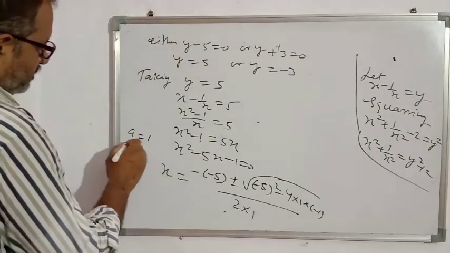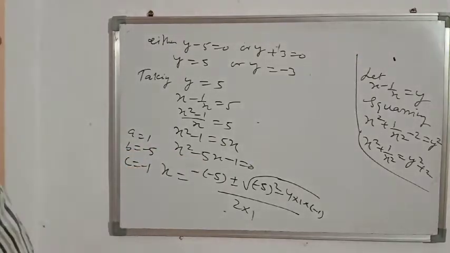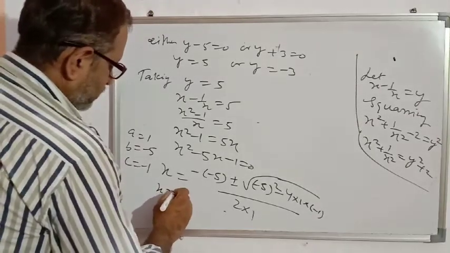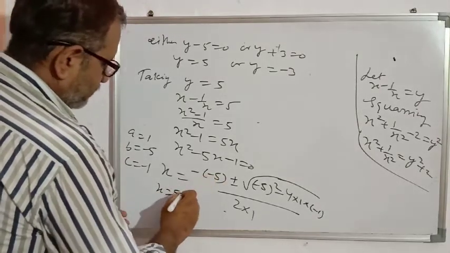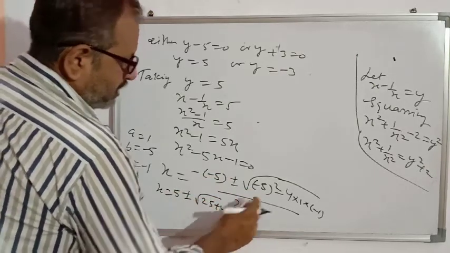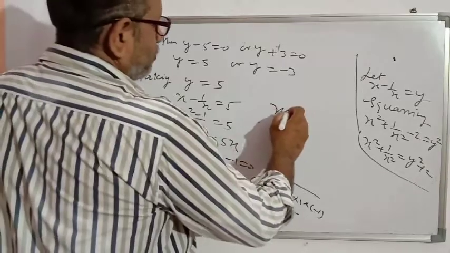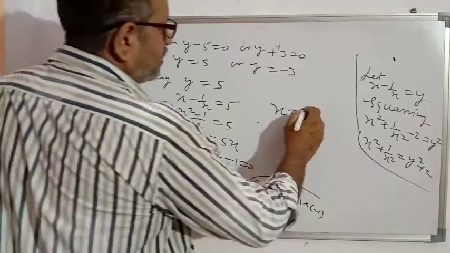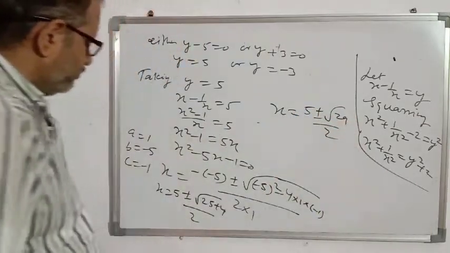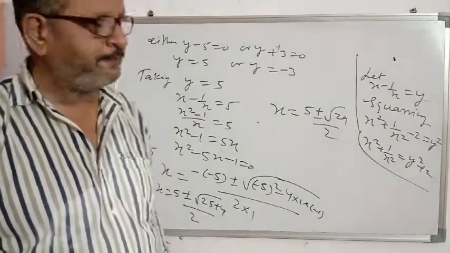Here a is 1, b is minus 5, c is minus 1. So x is equal to 5 plus minus root of 25 plus 4, by 2. So x is equal to 5 plus minus root 29 by 2.